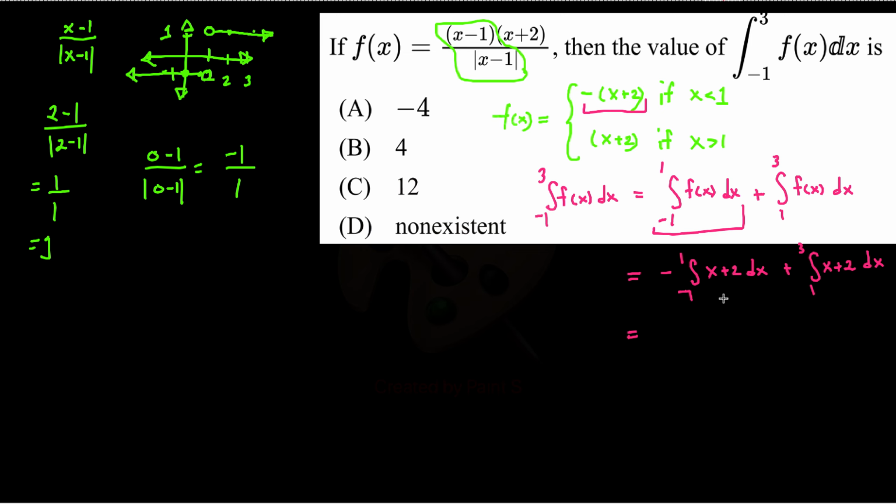And now I just want to find out what these integrals are. It's negative 1 times, from negative 1 to 1, of the antiderivative of x, which is x squared over 2, and then the antiderivative of just 2 is just 2x, plus, and I'll plug in this one, it's 1 to 3, same antiderivative, x squared over 2 plus 2x.